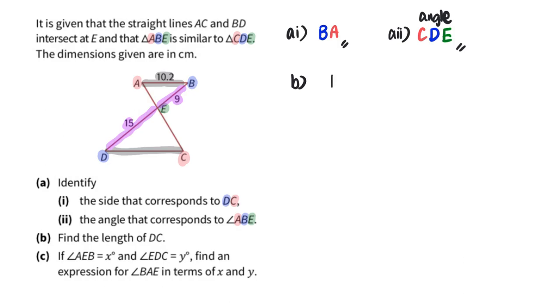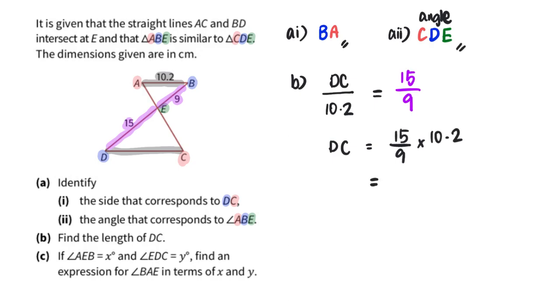I will have DC over AB, which is 10.2. This ratio will be equals to 15 over 9. After which I just need to multiply 10.2 by 15.9 to give me the final answer, 17 cm.